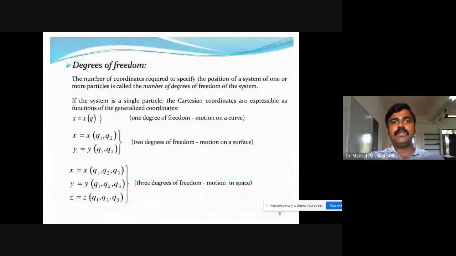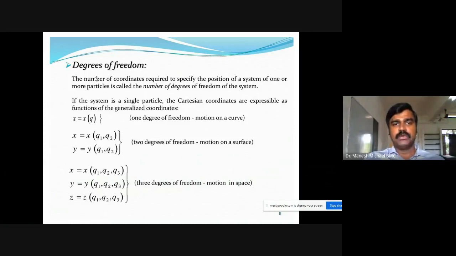Okay, so next we are going to the next topic, that is the degree of freedom. Degree of freedom has a very important role in Lagrangian dynamics. So what do you mean by degree of freedom? Degree of freedom can be explained as the minimum number of coordinates needed to specify the position of a system completely.